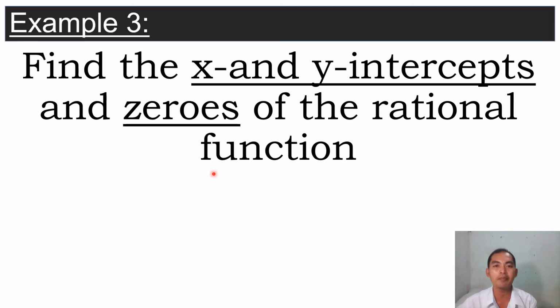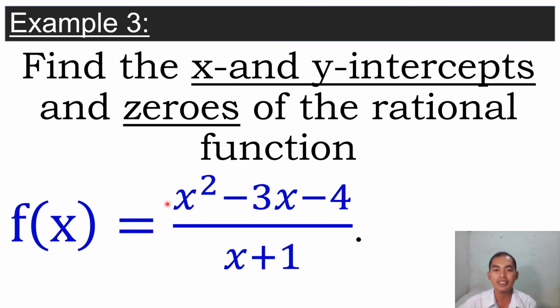Example, another example. Find the x and y-intercepts and zeros of the rational function given by f of x equals x squared minus 3x minus 4 all over x plus 1. As I said, the first step, you factor first if it is factorable. If not, that means you equate the numerator to 0 and solve for x.